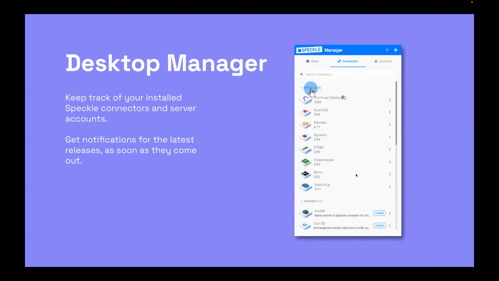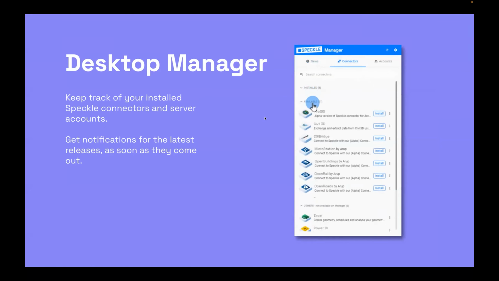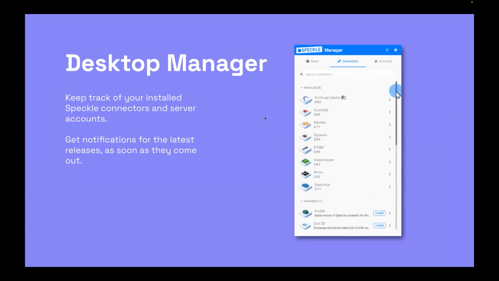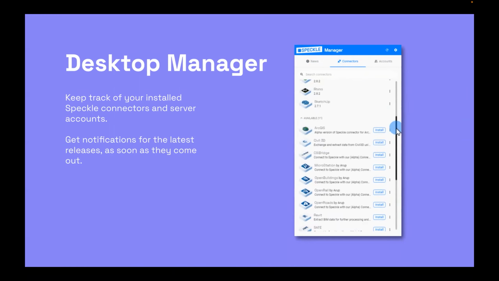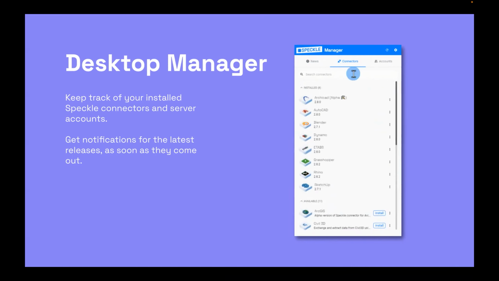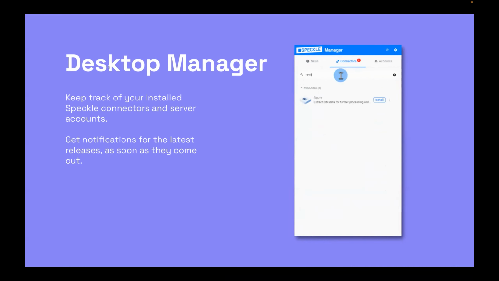But most importantly, the way that you can find all of these connectors, or at least the vast majority of them, is by installing the desktop manager, which is now called Manager for Speckle since the last release. You will find desktop manager references all over our community, so we left it as is for now.